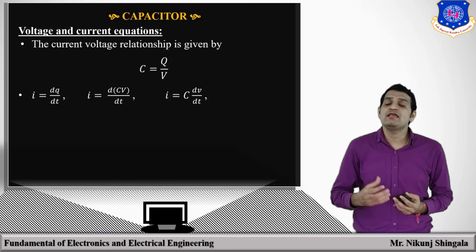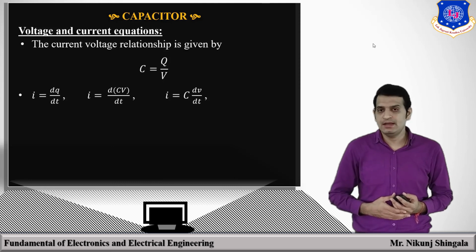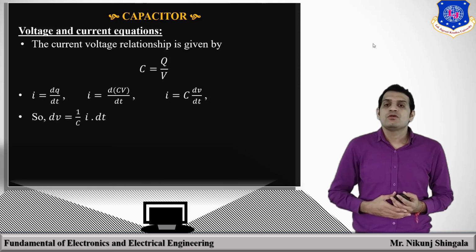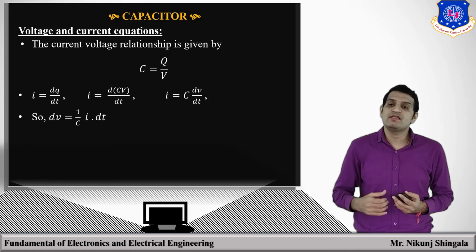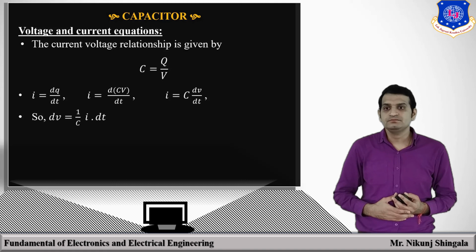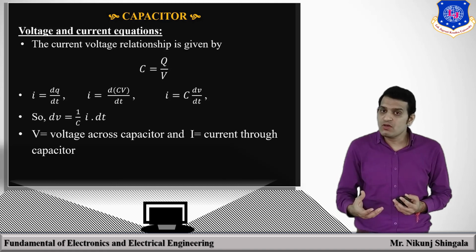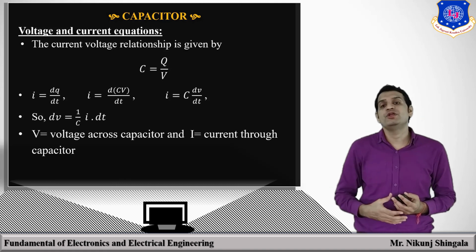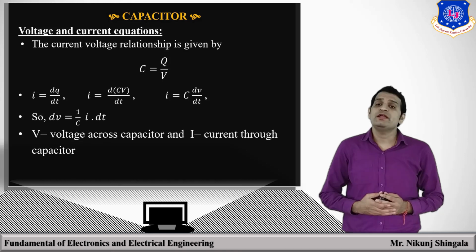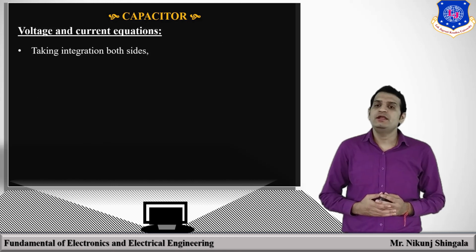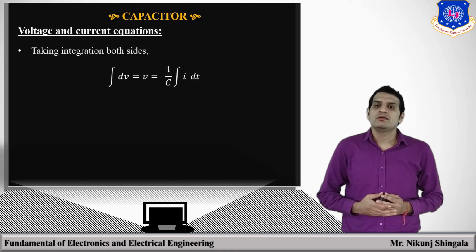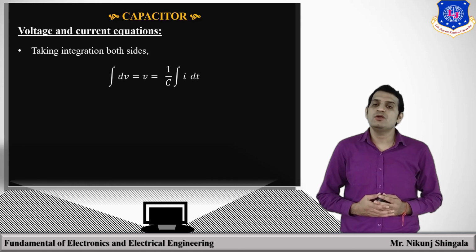So we can write i is equal to C dV by dt. So making dV as a subject, we can write dV is equal to 1 by C i dt, where V is the voltage across the capacitor and i is the current flowing through the capacitor. Now taking integration on both sides, integration of dV is nothing but V is equal to 1 over C integration i dt.